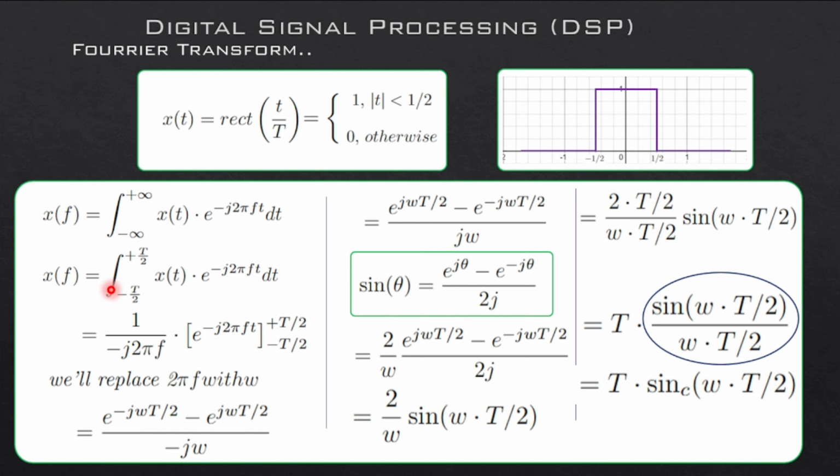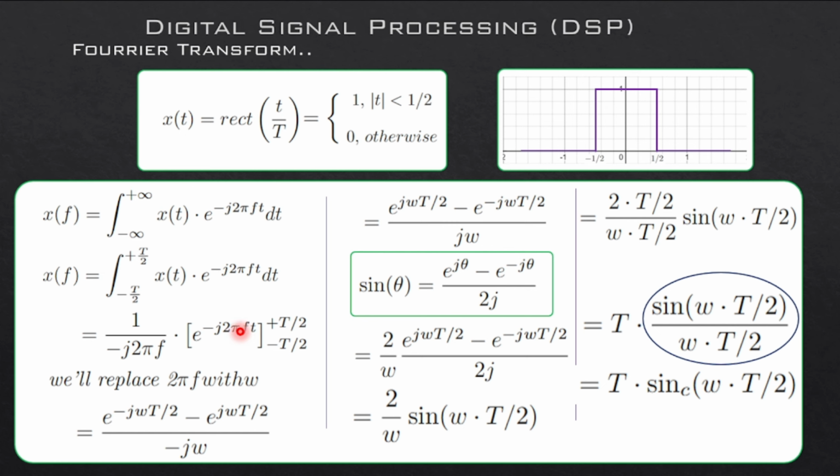So X(f) is equal to the integral from minus T over 2 to plus T over 2 of x(t) e^(-j 2 pi f t) dt. The value of this integral is 1 divided by minus j 2 pi f, because t is the variable, times exponential minus j 2 pi f t. This is an integral calculation. If you're not aware of it, you just memorize it, or you need to review integrals.